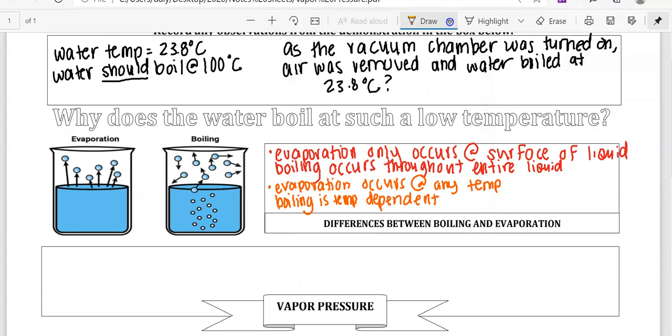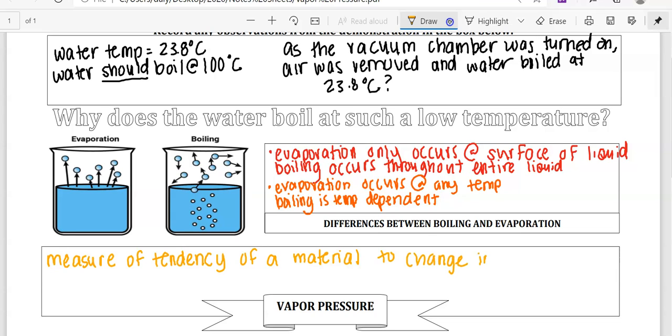Vapor pressure is going to be a measure of the tendency of a material to change into the gaseous or vapor state, hence why it's called vapor pressure.